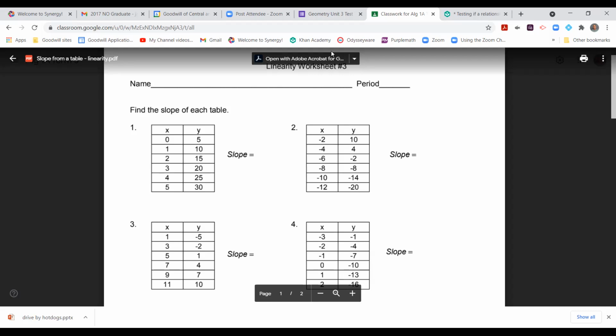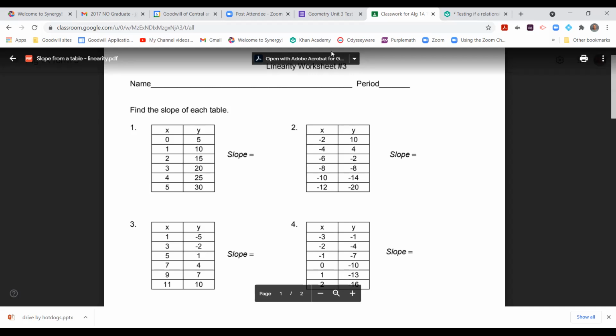The domain includes all of the x values. And so whenever you see these kind of T-charts or data tables, the x values are always in the left-hand column. That's always the domain. The column of y values has a different designation.